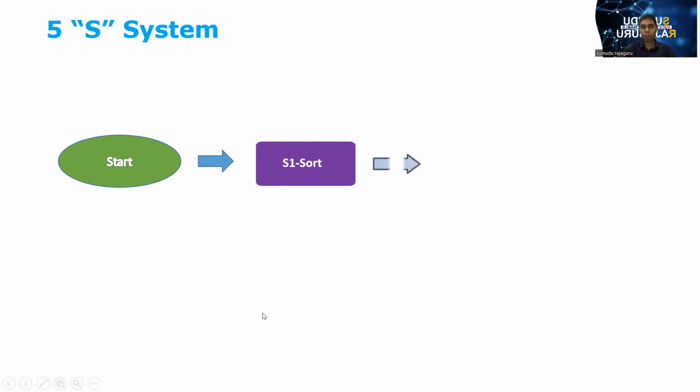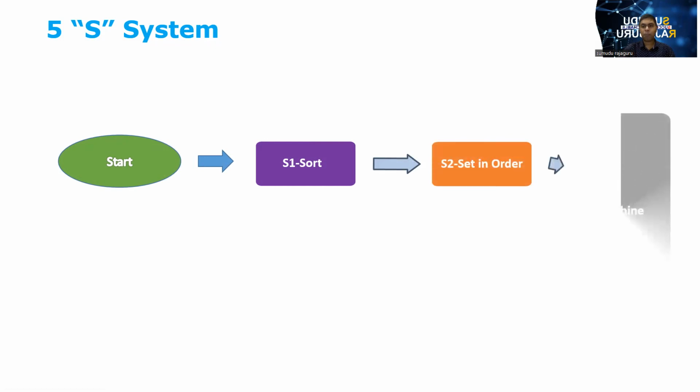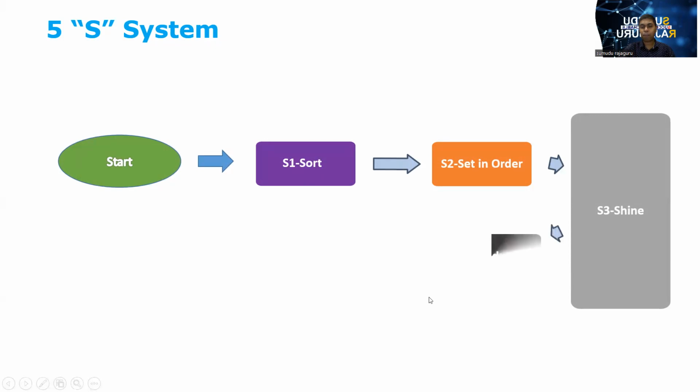Then when we talk about the 5S system, we have to start. The first part is sort. We have to sort out what is required and what items are not required. Then whatever required items, we have to set in order. Then we have to make a schedule to do the shine activity, cleaning, then standardize.